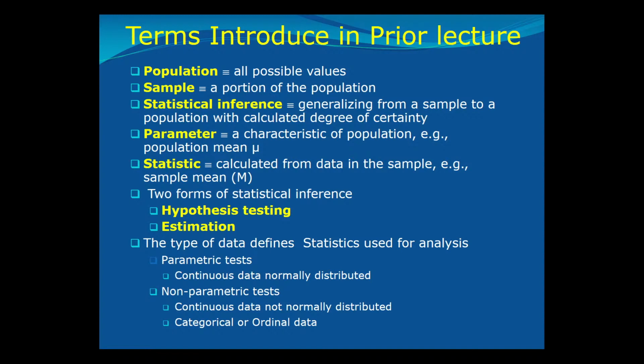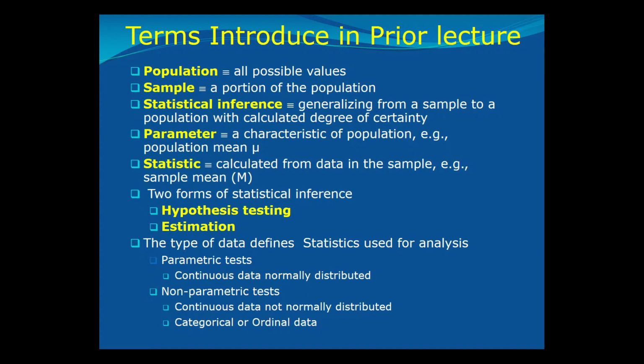There are two forms of statistical inference: hypothesis testing and estimation. The type of data defines statistics used for analysis. So the first step for each statistical analysis is to understand which type of variable should be analyzed.